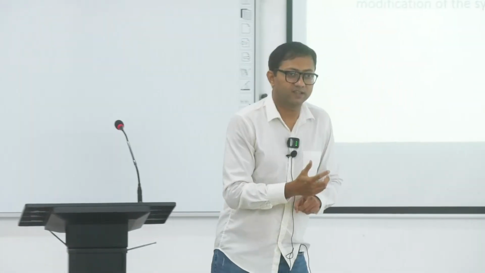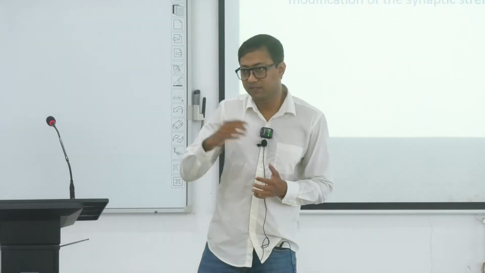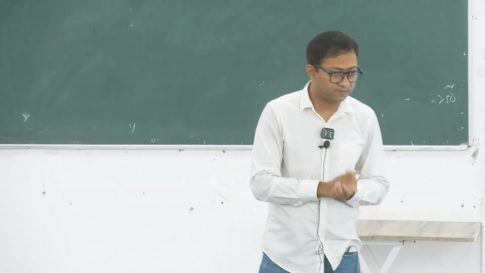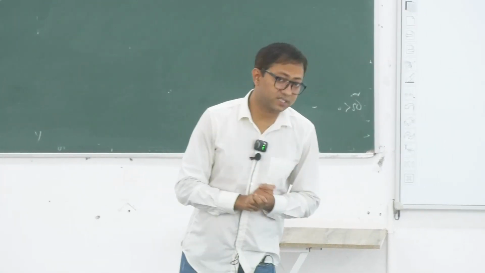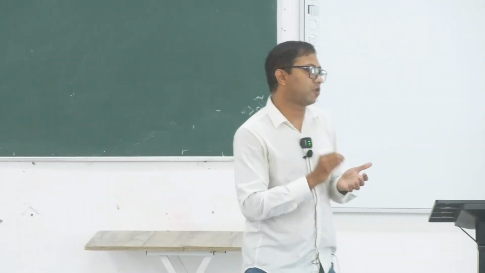So your memory is due to synaptic plasticity. Your learning a bicycle, learning how to drive a car is synaptic plasticity. There is a permanent change in the strength of the synapse, which is the basis of your memory, which is the basis of your learning, right?